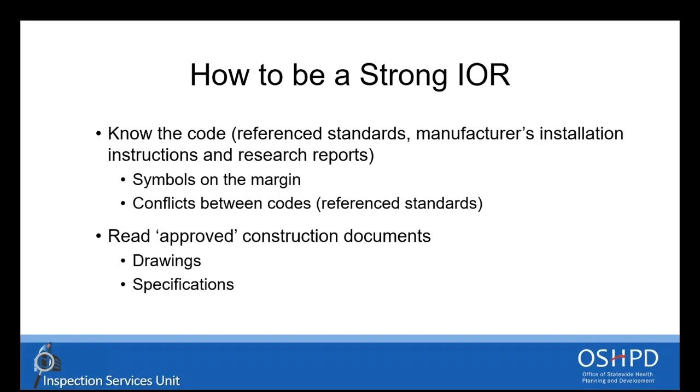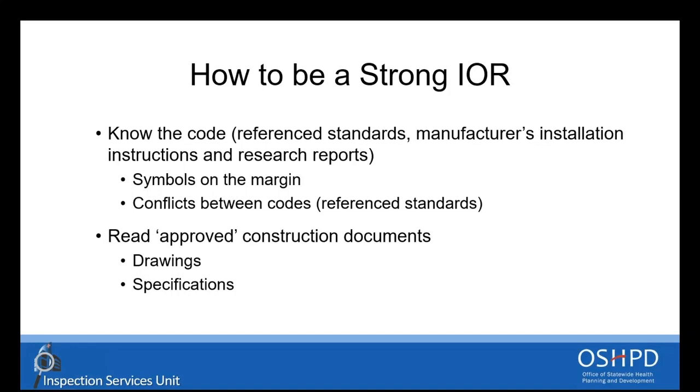And read the approved construction documents. This is something that I've been encountering when I conduct my regular field visits. Depending on your background, you might think that what is being constructed is code compliant. However, that might not be what the designer wants on that specific project. There are always a few ways to build something code compliant.